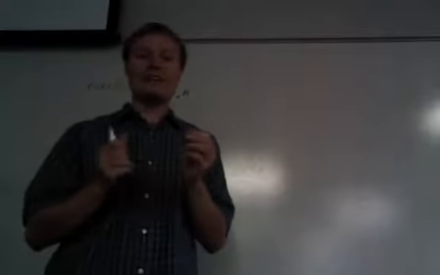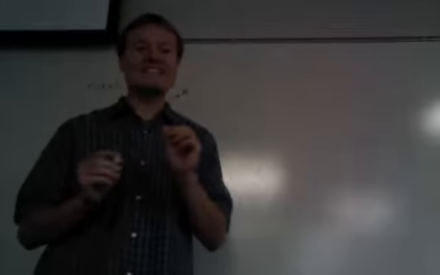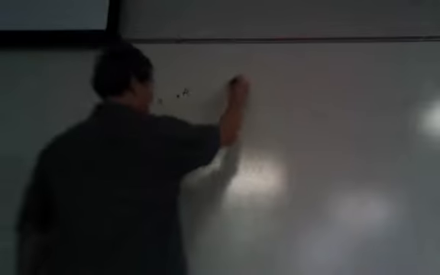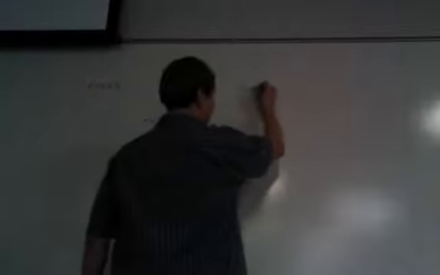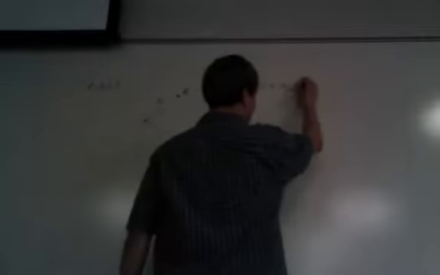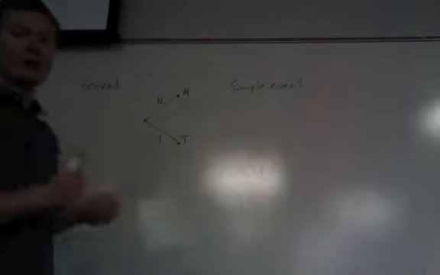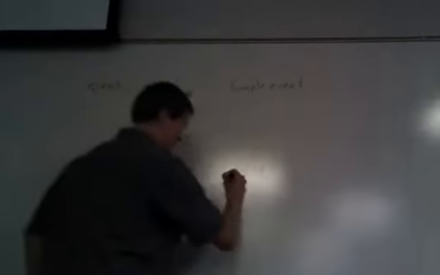So another definition is simple event. So how is simple event different from an event? To illustrate this, I want to use a different example. Instead of flipping a coin, I want to use an example of rolling a die. So let's say we roll a die.